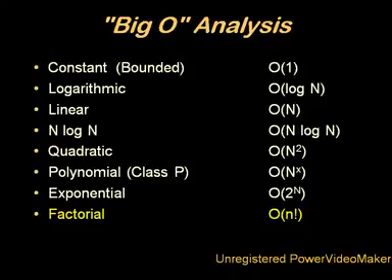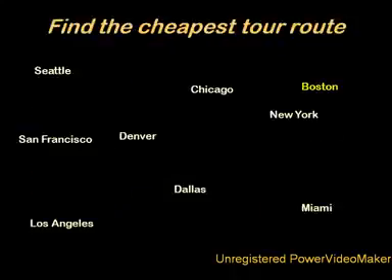We use factorial a lot in probability, and some of that has applications in very important algorithms. Probably the most important is what's known as the traveling salesman problem. If you have to hit all of those cities, what's the cheapest way to get there? Well, basically, the best way to figure it out is to take all the possible permutations starting in Boston and going to all those different other cities.